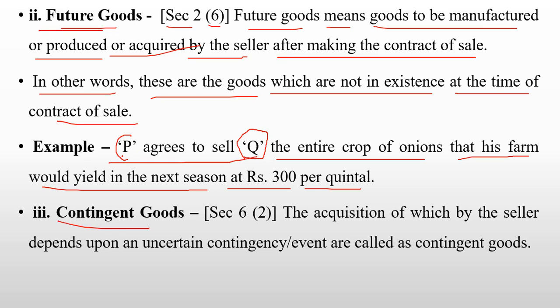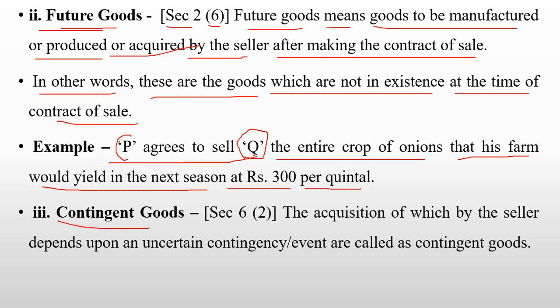So between P and Q there was a contract to take the onions, but when P is selling to Q, at that time he does not have the onions, so that is not a type of existing goods. So P agrees to sell the onions to Q in the next season. In the next season means after 3 months, after 4 months, etc. Whatever the time will be there.